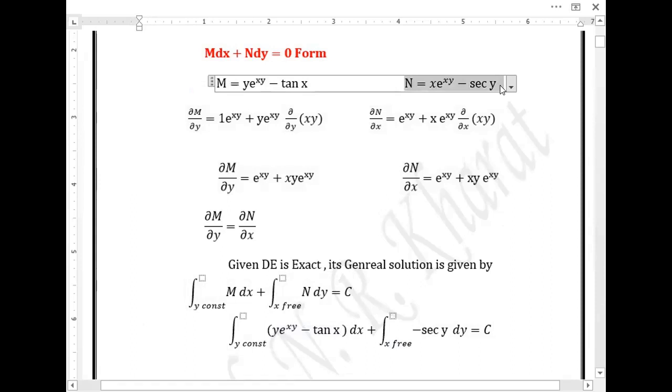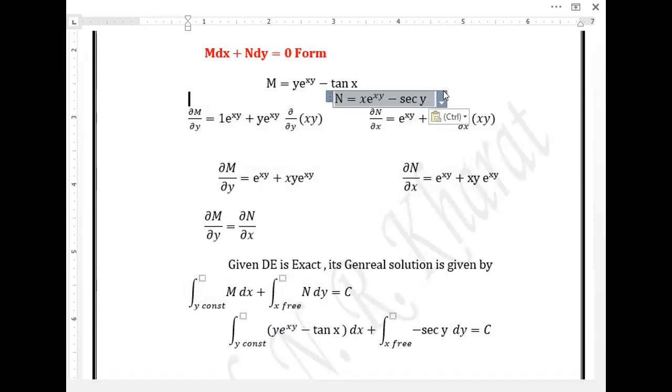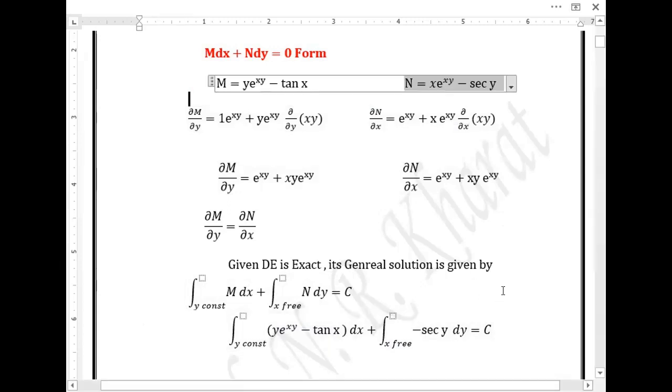In this equation, the terms which contain x, we have to remove such terms. The first term containing x into e raised to xy, so we have to remove this whole term. After removing the whole term, we get only minus sec y.